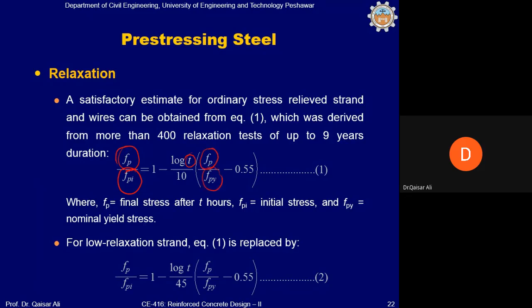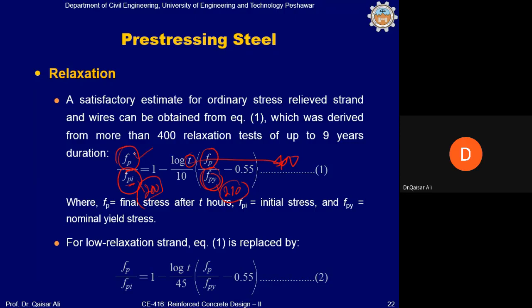So if you want to calculate the pre-stress loss due to relaxation after 400 hours, this log T will become log of 400. Let's say FPY is 270 KSI, and FPI, the initial stress, is let's say 200 KSI. You are only left with one unknown, which is FP.